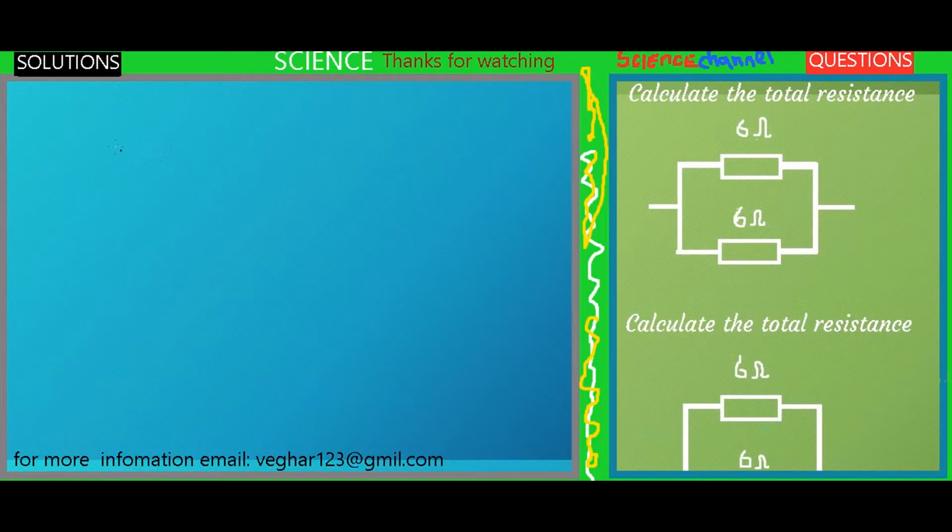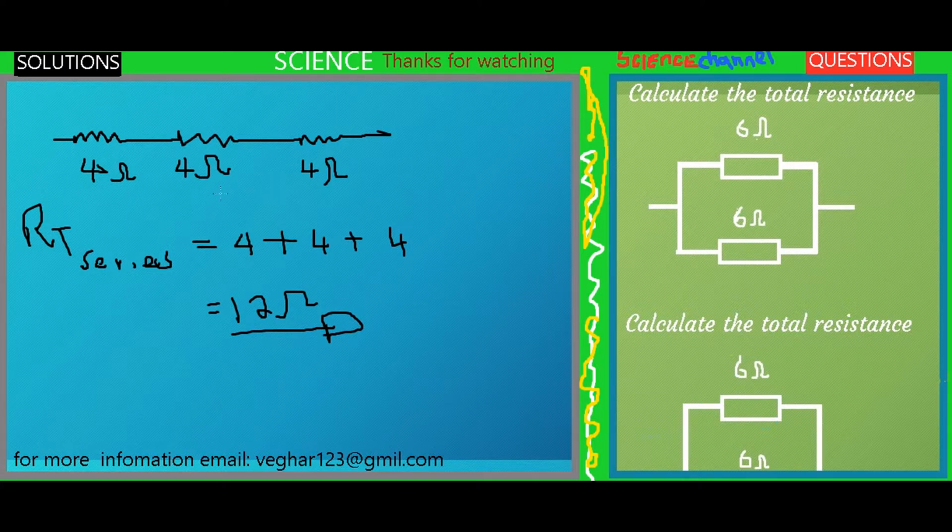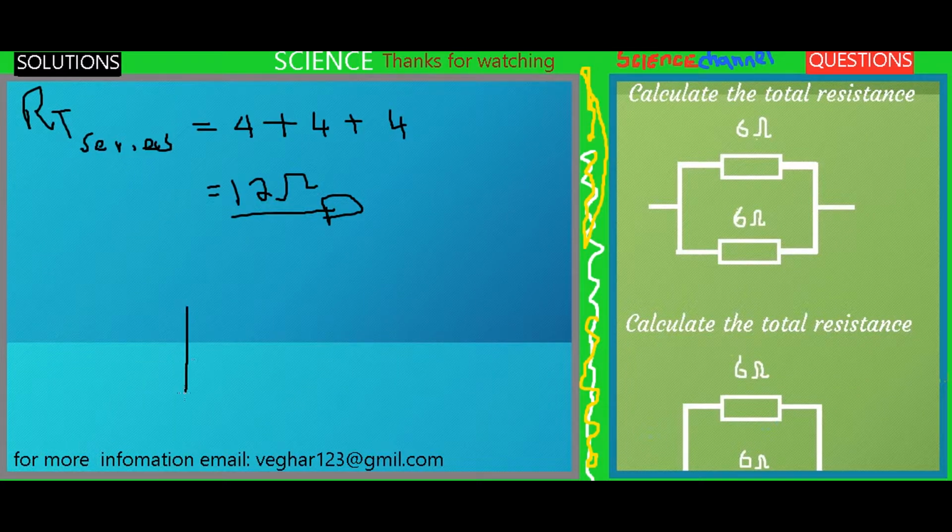So let's calculate and see. Adding this one in here, 4 plus 4 plus 4, which is 12, and 12 is bigger than all of the resistors that are in series. So let's check the ones that are in parallel.